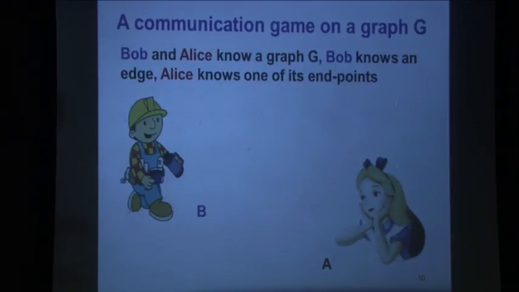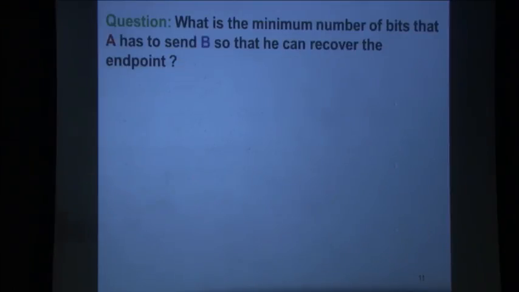And as is usually the question in information theory, we try to do it by sending the minimum possible number of bits. This is written here. What is the minimum number of bits that Alice has to send to Bob so that he will be able to recover the endpoint? That's actually an easy question.